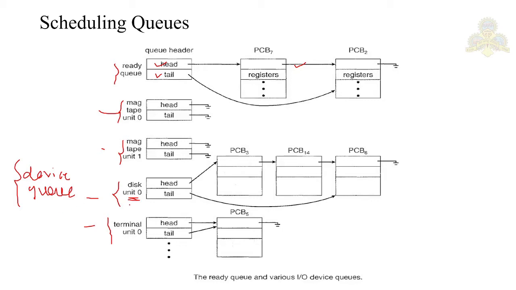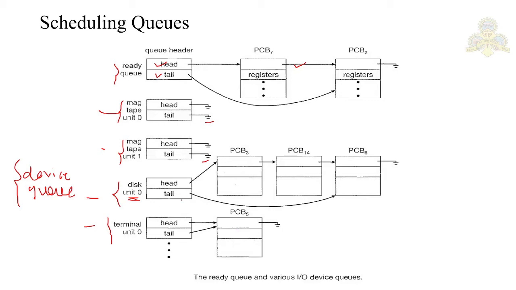For example, here you can see magnetic tape unit 0 and unit 1. These do not have any PCBs, that's why it is shown like this. Whenever a device queue has only one PCB, the head and the tail will point to the only process in that particular queue.